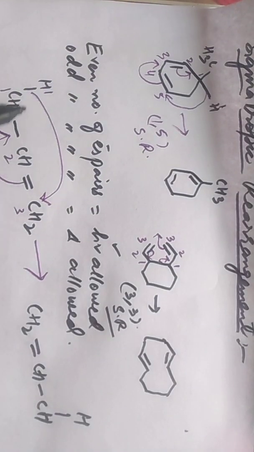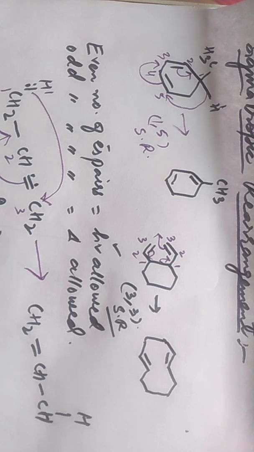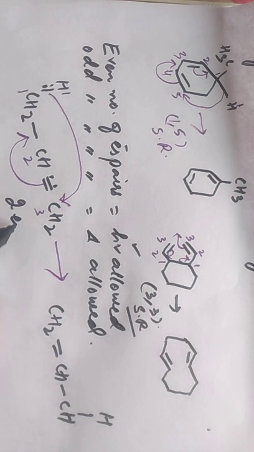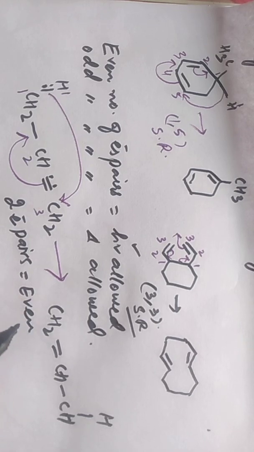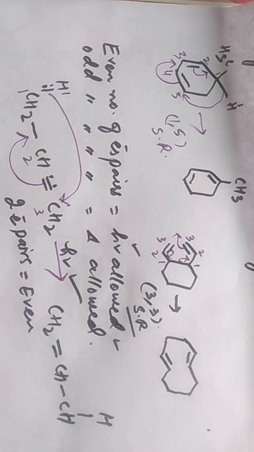In this case, these electrons shift to this side and these electrons shift to this side. Two electron pairs are involved in this reaction. Two electron pairs means an even number of electron pairs are involved in this reaction. So this reaction is photochemically allowed.